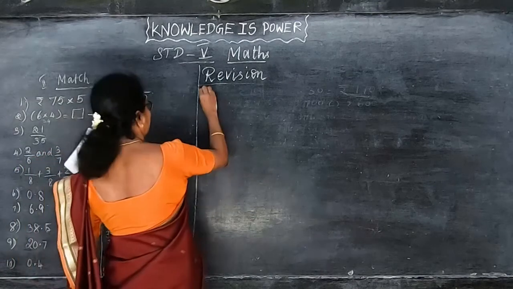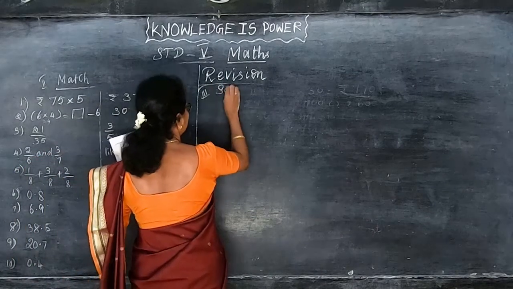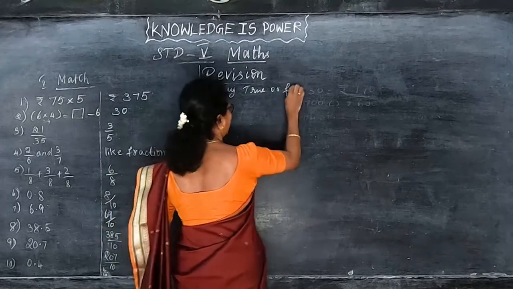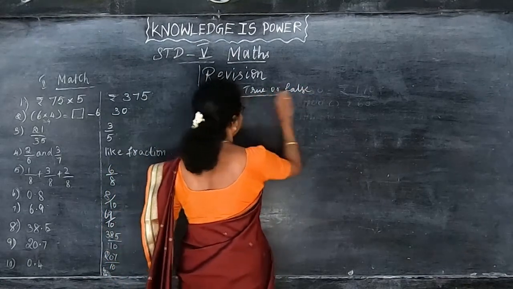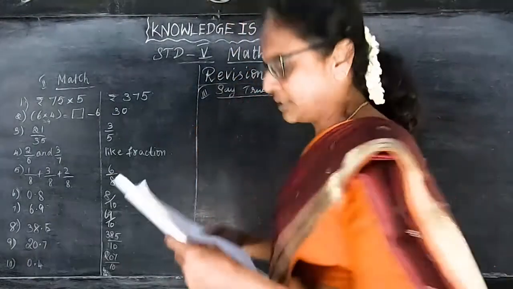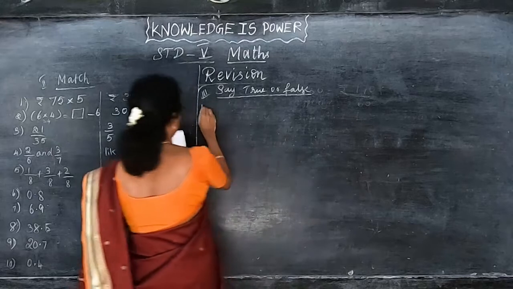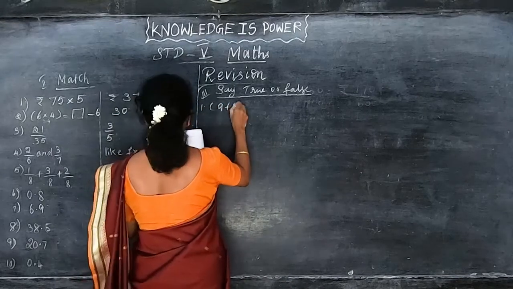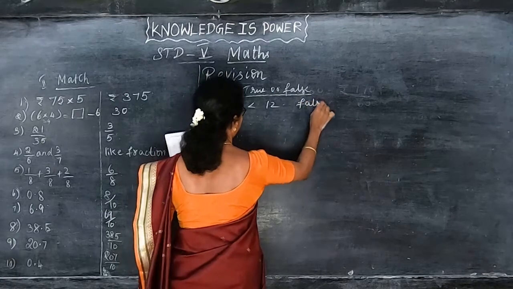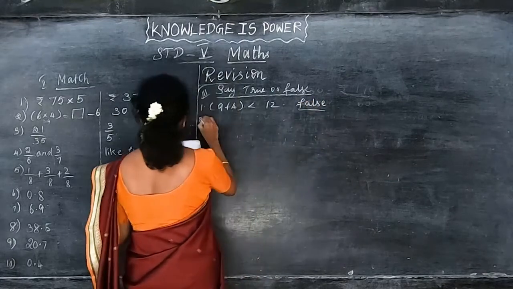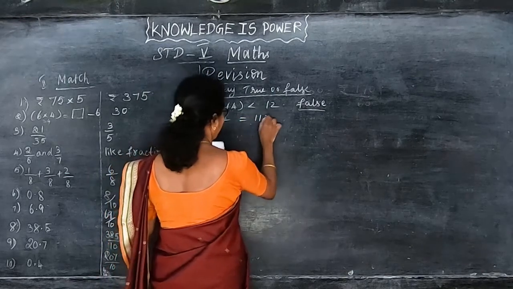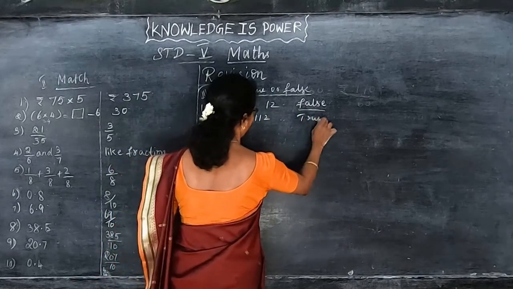Now the third one is say true or false. First one, 9 plus 4 is less than 12, that is false. Second one, 112 is equal to 112, that is true.